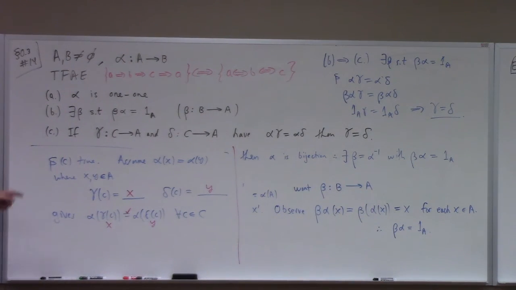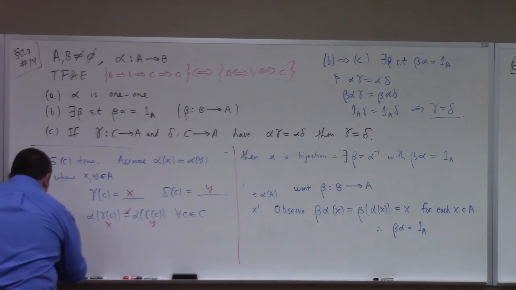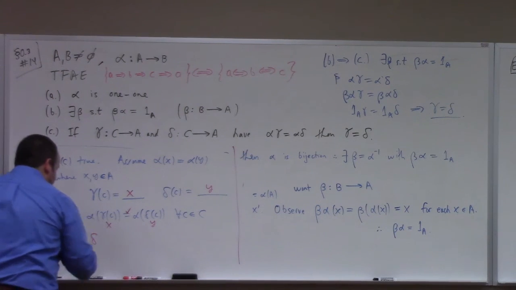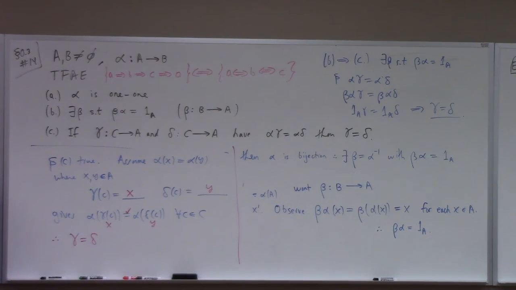Then that implies what? Gamma equals delta. But what's that say? That's maps gamma equals delta, right? Pick any c you like. We have x equals y, which shows 1 to 1.